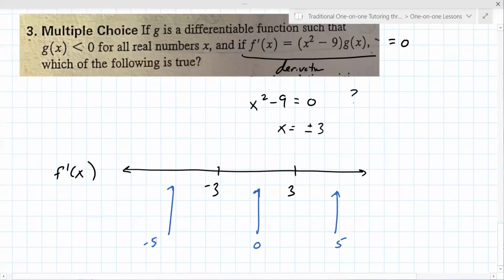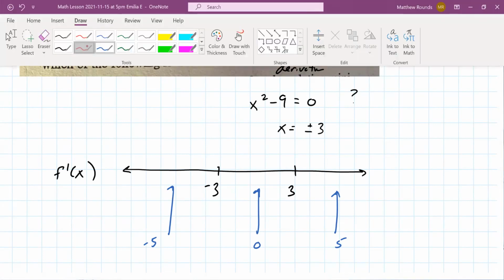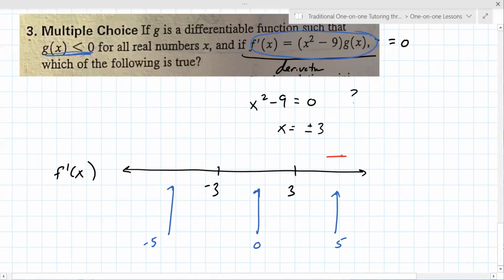So you go back to this right here. So let's try 5. 5 squared minus 9 is positive. G of 5 is always negative, according to this over here on the left. So it's a positive times a negative, and that gives you a negative in here. Is that okay? Yes. Okay.